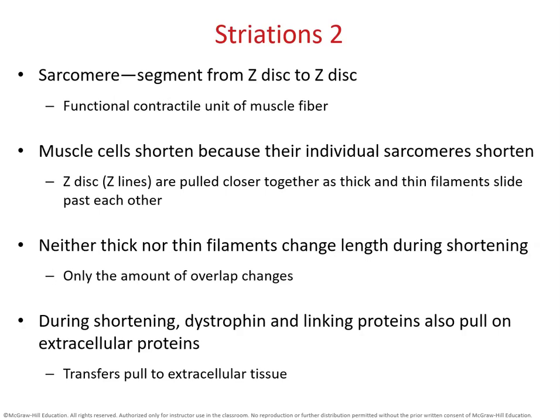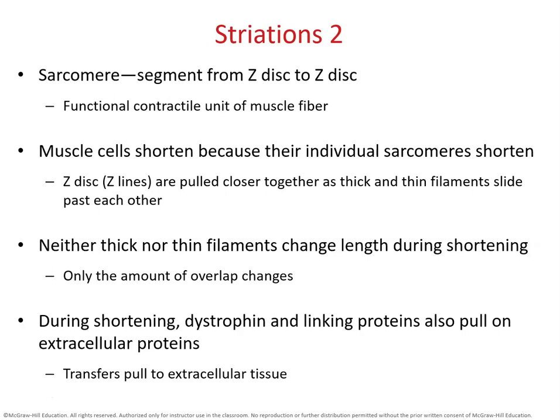So a sarcomere is the contraction unit for a muscle fiber. Okay? A sarcomere is defined as the space between two Z discs, and when muscle cells shorten, sarcomeres shorten. So the Z discs get closer together as the thin and thick filaments slide past each other.